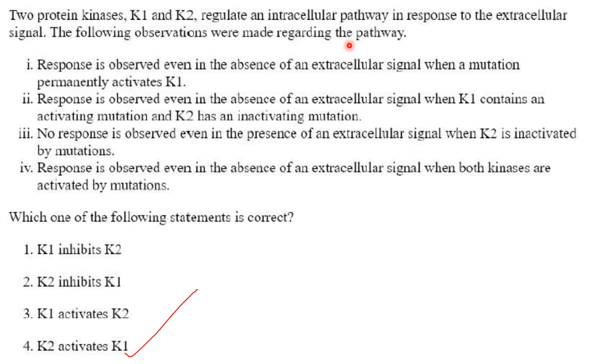Now first observation: response is observed even in the absence of an extracellular signal when a mutation permanently activates K1. K1 then activates K2, then response. If a mutation permanently activates K1, then K1 will activate K2 and you get a response. So that pathway might be correct.